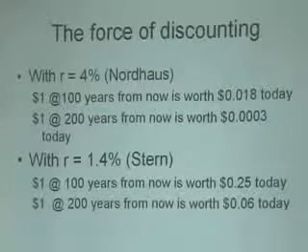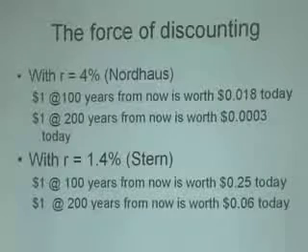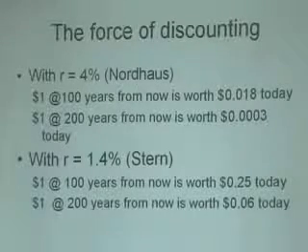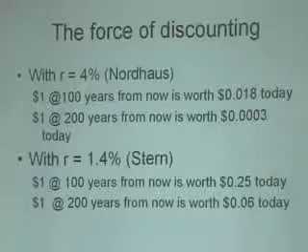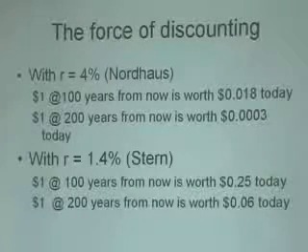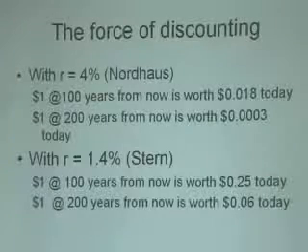Climate change is very much an intergenerational transfer, in the sense that we spend money now to reduce greenhouse gas emissions, and we produce effects 50, 60, 100, 200 years from now.